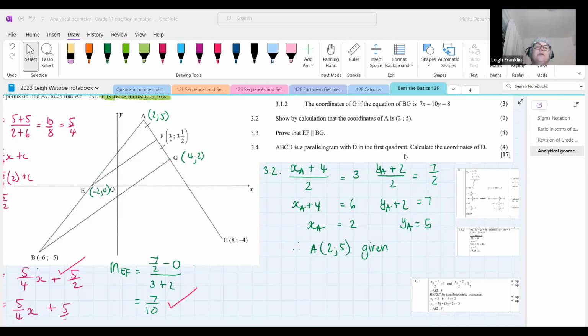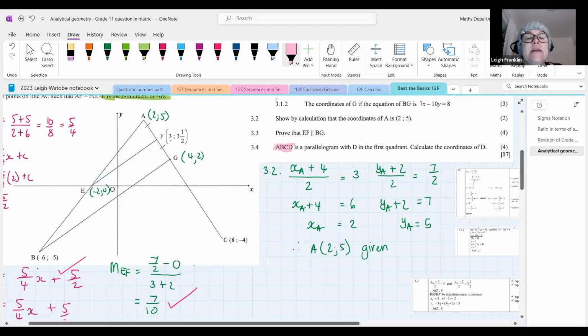Now, they don't give us point D. Calculate the coordinates of D. These questions are also very common in grade 11 analytical geometry. What is very important here is the order of the letters, A, B, C, D.